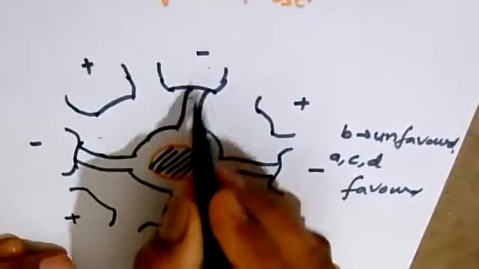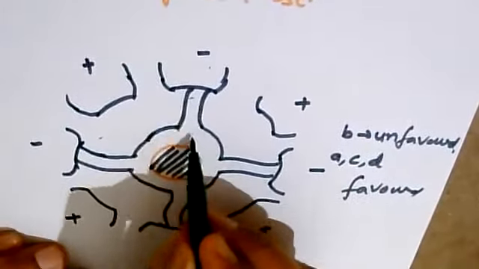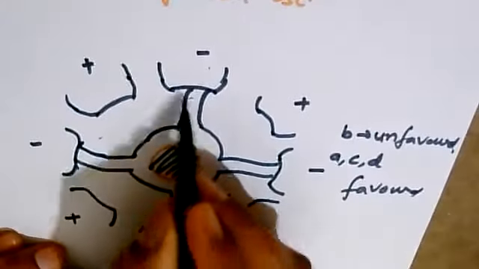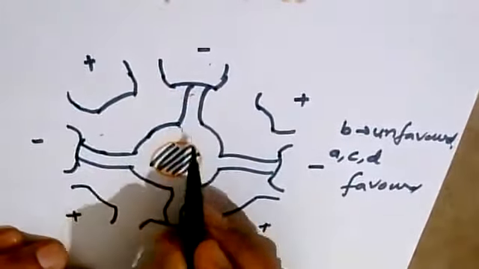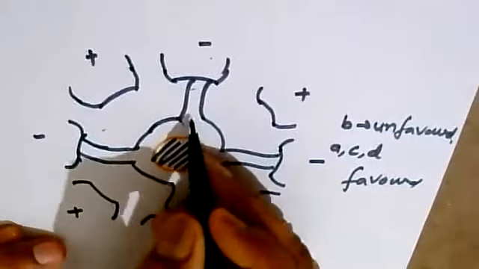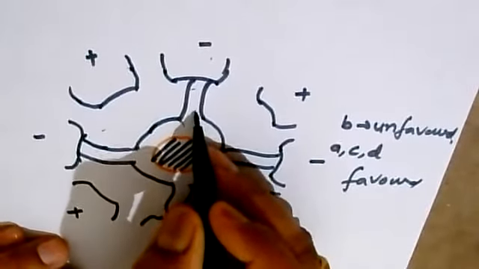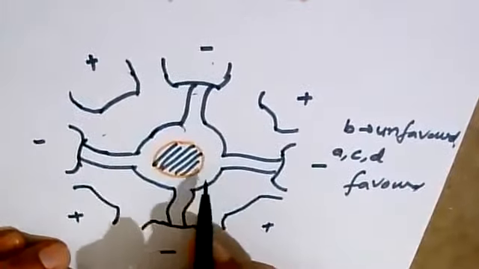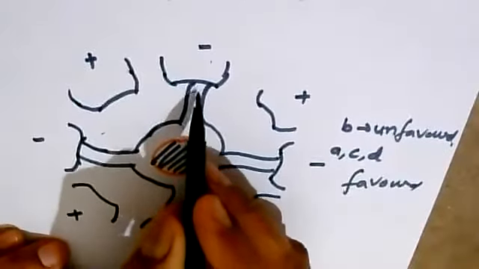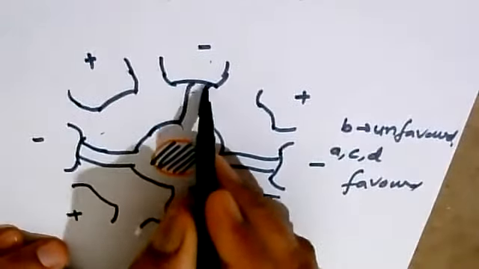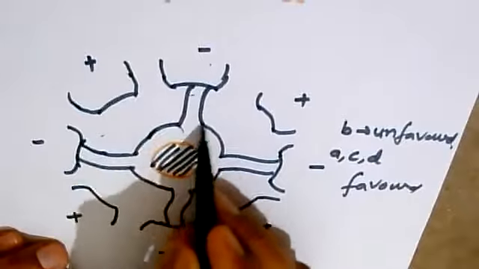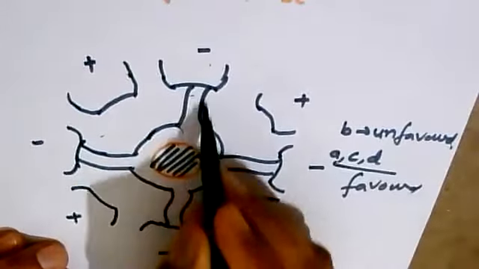From cathode to anode they will be moving out, due to which a cloud-like structure, a group of electron bunches, will be formed, that is represented with this structure. So this cloud-like structure is formed due to the favored electrons A, C, and D.